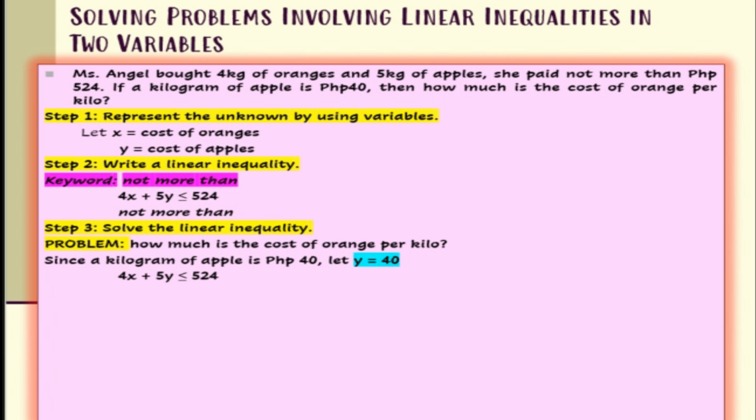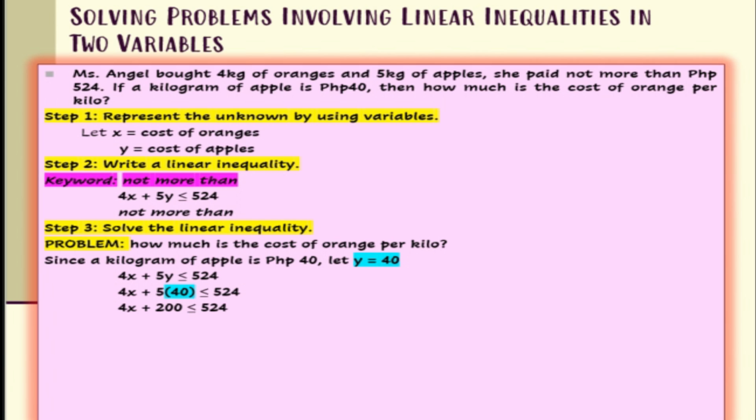Substitute the value of the apples, which is 40, into the inequality. We have 4x + 5 times 40 is less than or equal to 524. We have 4x + 200 ≤ 524.